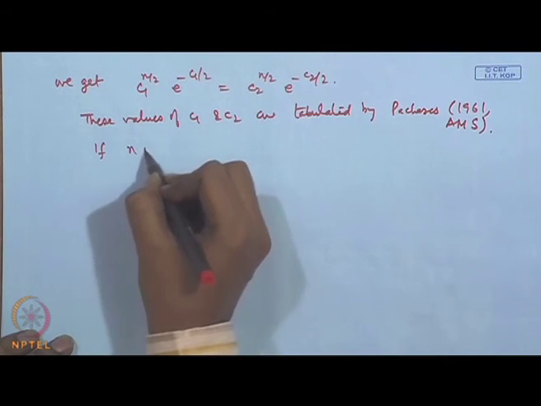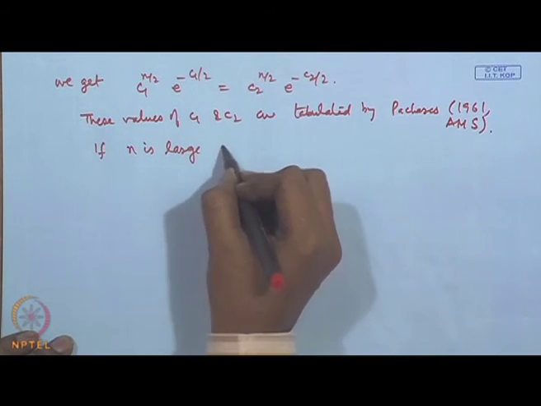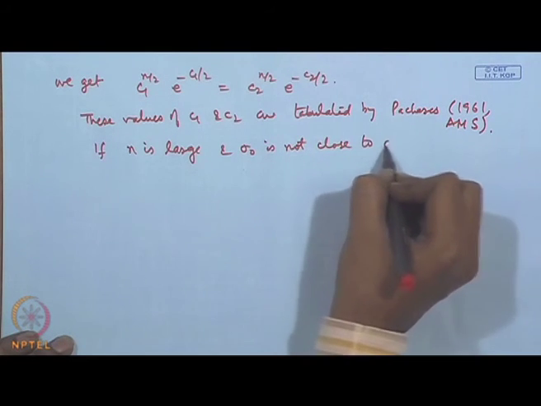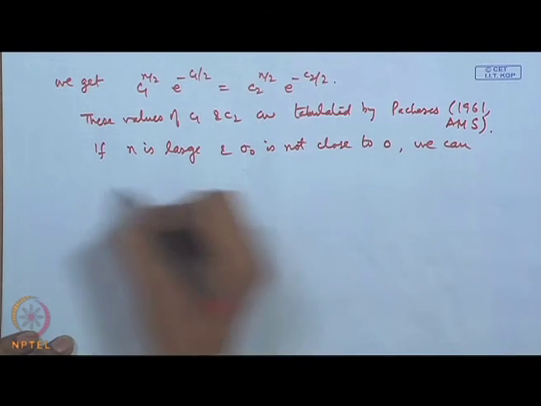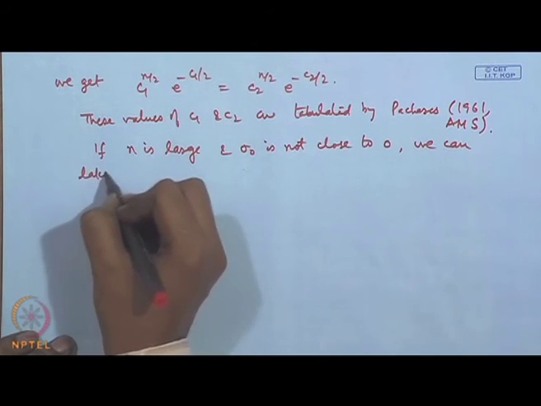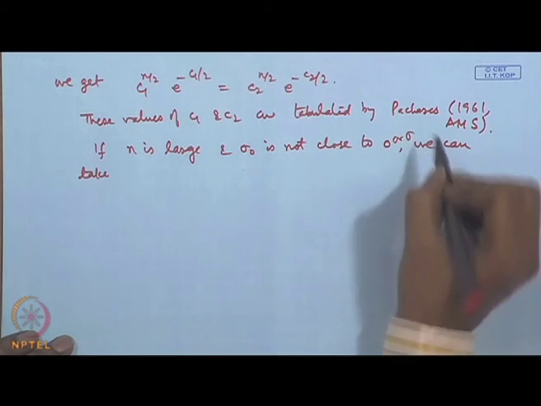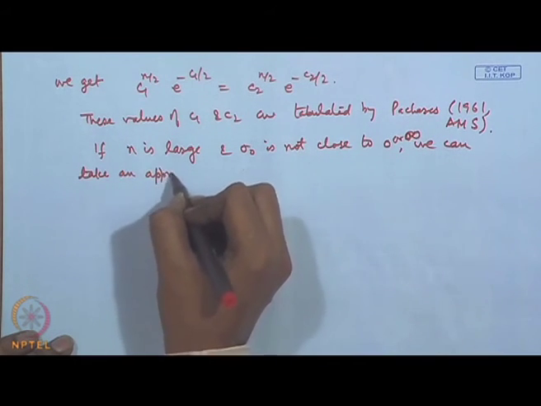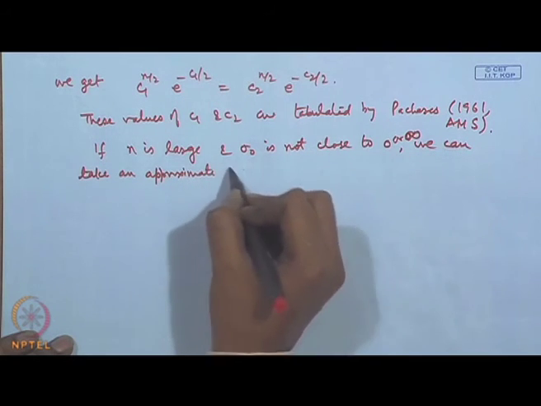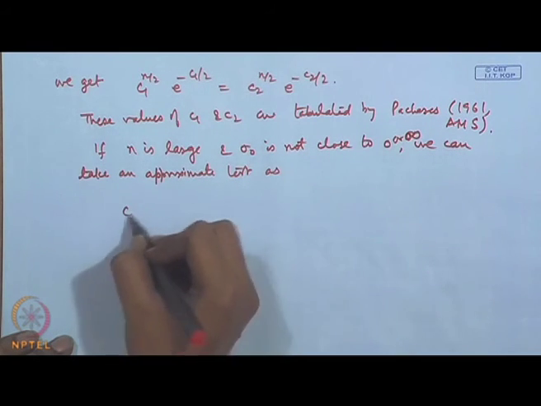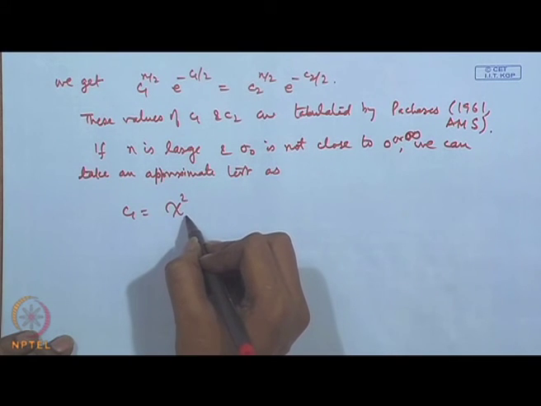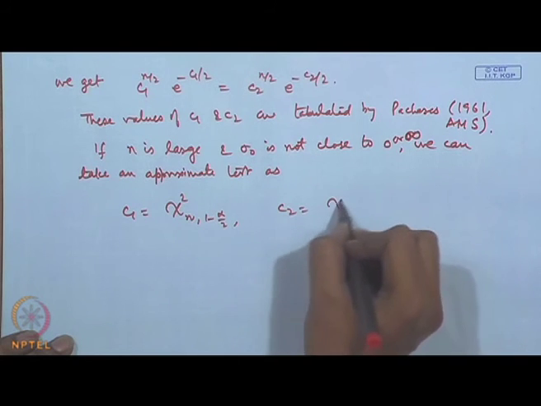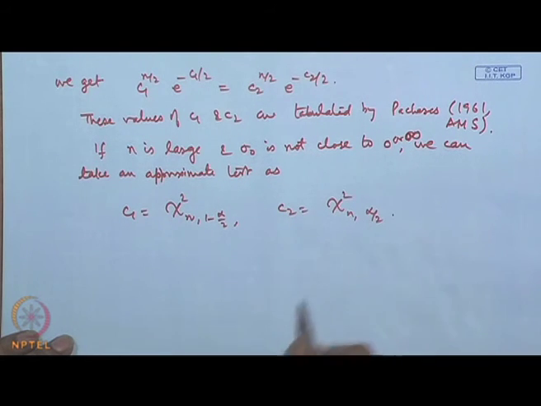If n is large and sigma naught is not close to 0 or infinity, we can take an approximate test as C1 is equal to chi square n 1 minus alpha by 2 and C2 is equal to chi square n alpha by 2.